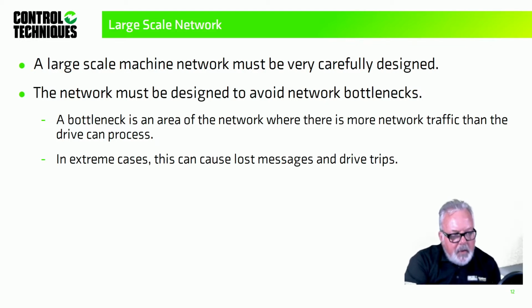Now, an example that's happened in the field with me is when I'm demonstrating this in person in a class, people have connected our drive up to their corporate network. When you start a project with Connect, if your computer's network adapter is on your company network and you use our Connect software to configure the IP address for the drive, it's going to put it onto your company network.